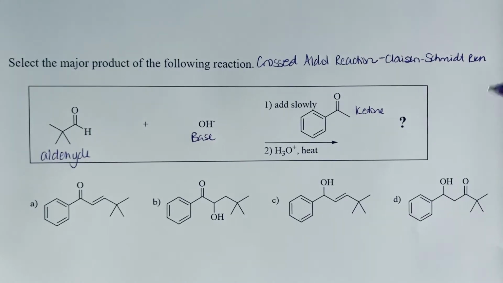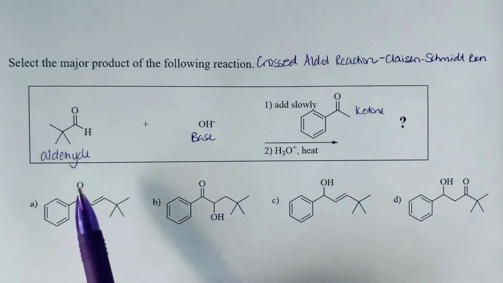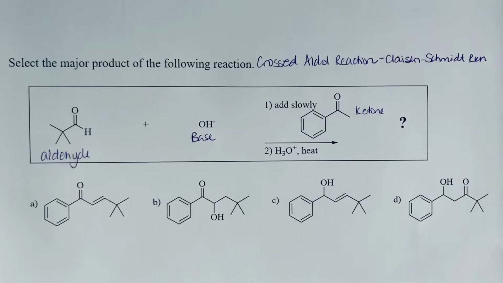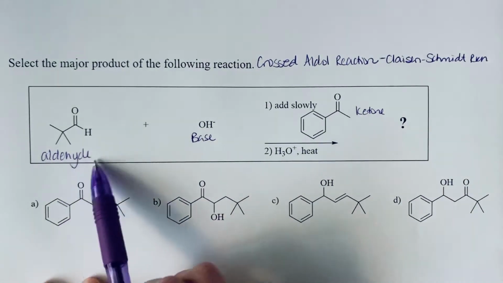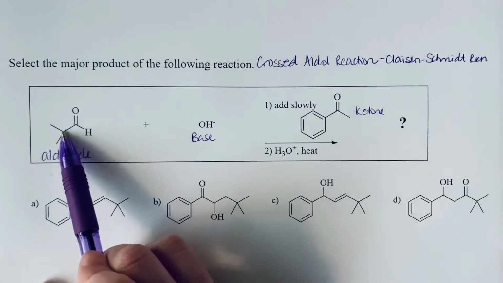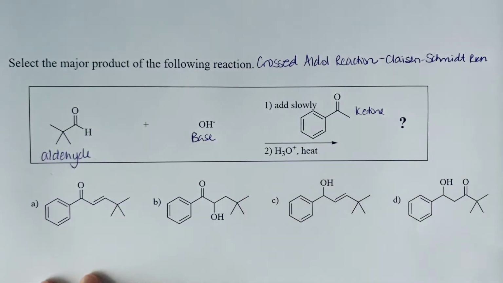So you want to very carefully control what component acts as the electrophile and what component acts as the nucleophile. In a Claisen-Schmidt, we've got an aldehyde that can only serve the role as the electrophile. That's because this particular aldehyde, and there are other examples like it, has no alpha hydrogens. So it cannot form an enolate.